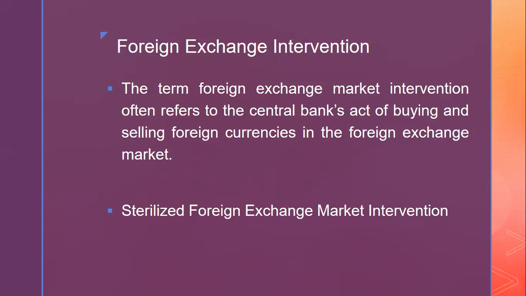So initially the central bank wants to just intervene in the foreign exchange market by selling or buying the foreign currency, but it results in a direct change in the domestic currency supply of the economy. When the domestic currency supply of the economy changes, it will result in an interest rate upward or downward pressure that is not wanted by the central bank.